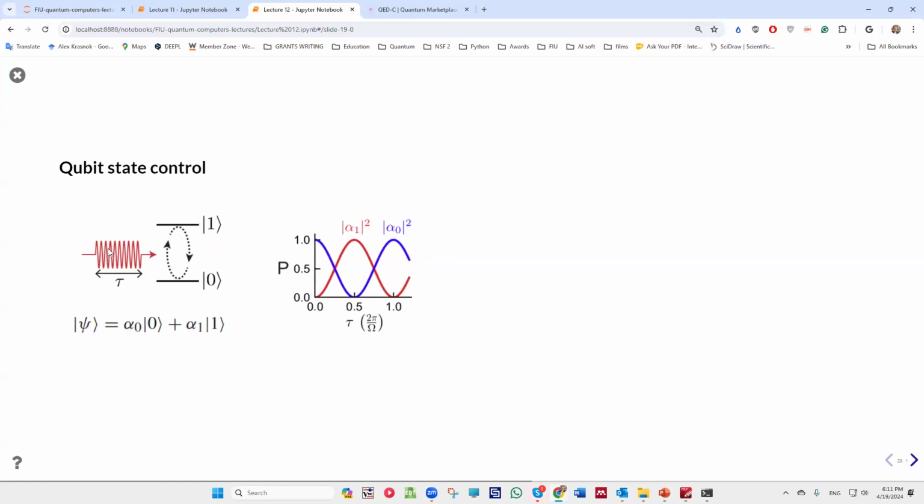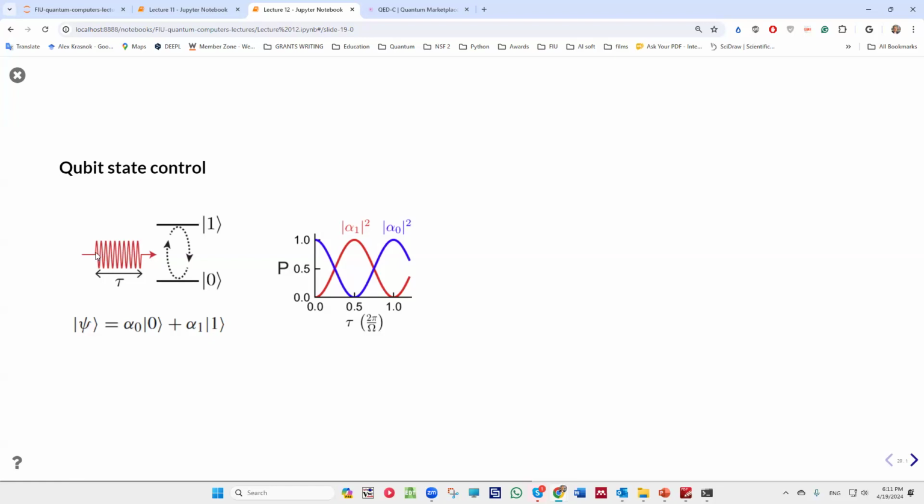If we send a pulse to the system, usually the system exists in the ground state. It decays to the ground state. So if we take a system that didn't interact with any pulse before, we will most likely find the system in this 0 state.